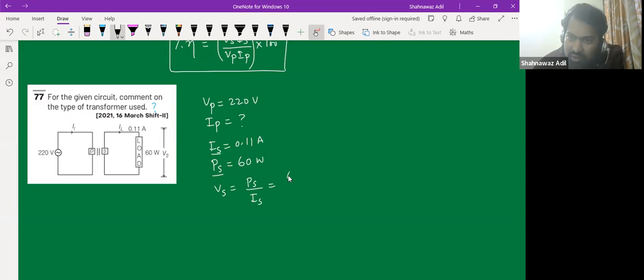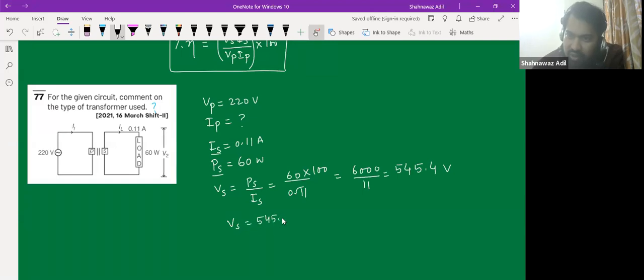How much is this? 60 divided by 0.11, that is 6000 by 11, which is 545.45 and so on. So this much voltage is the secondary.